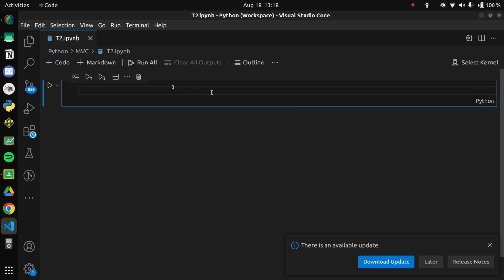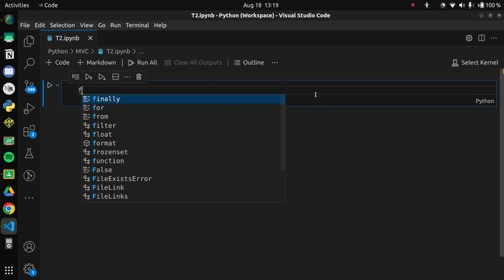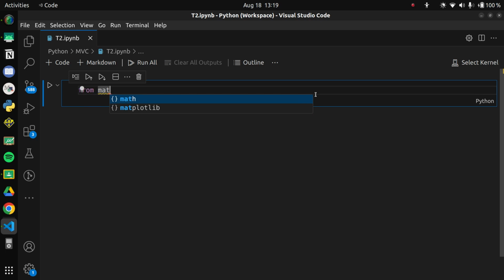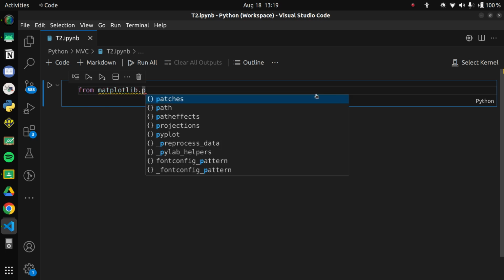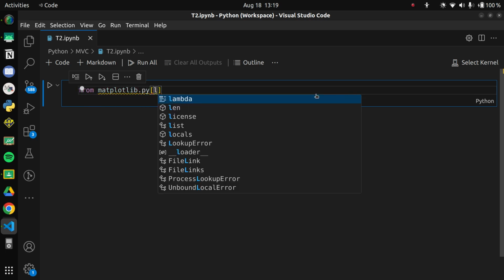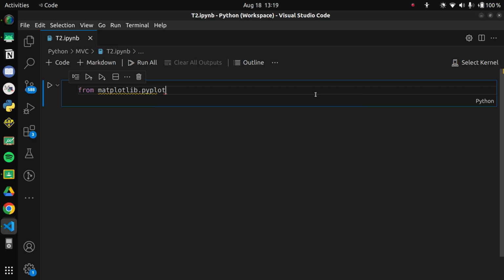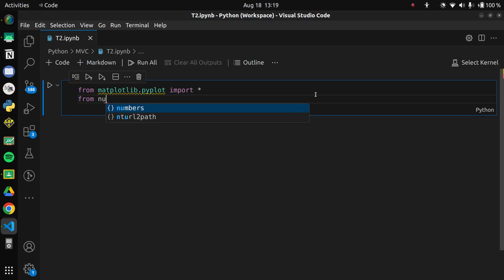Come on, what's wrong with you? No. So I'm gonna need some stuff. Yeah, I'm gonna need this a lot actually. I also need NumPy, most likely.